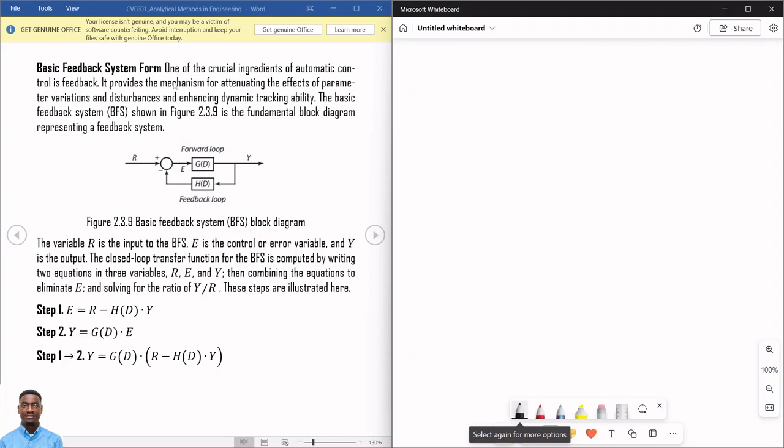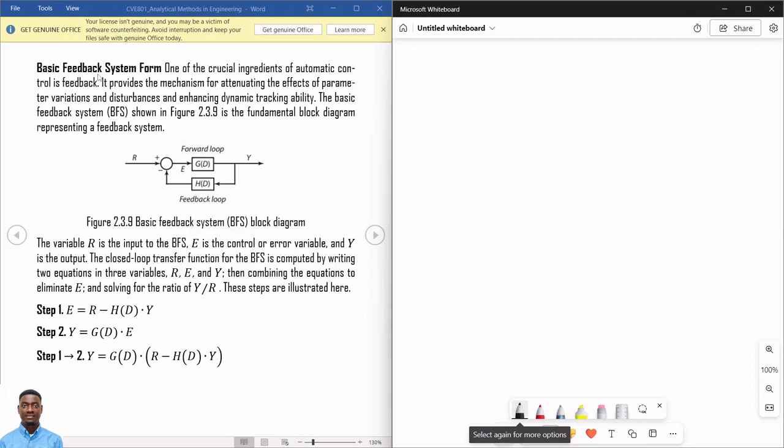So I wrote here, I said one of the crucial ingredients of automatic control is feedback. Without feedback, you can't have automatic control. And that feedback provides a mechanism for authenticating the effects of parameter variations, and disturbances, and enhancing dynamic tracking ability. What are we saying here?